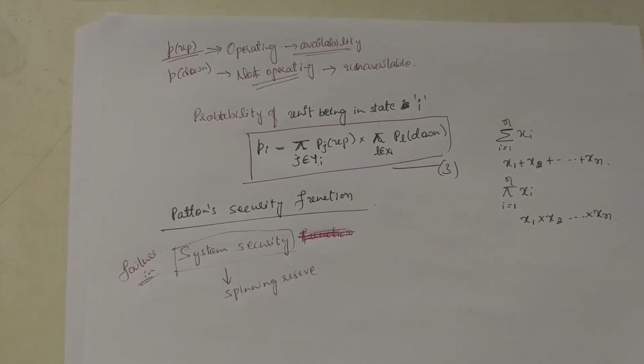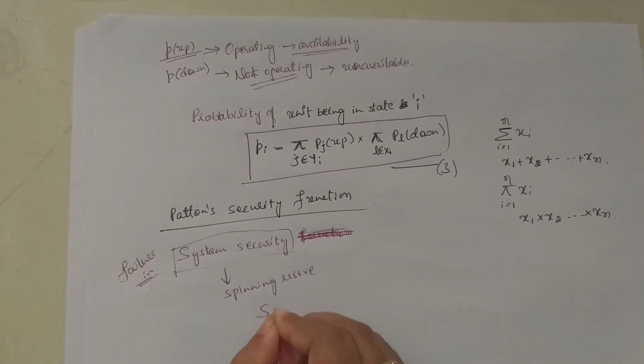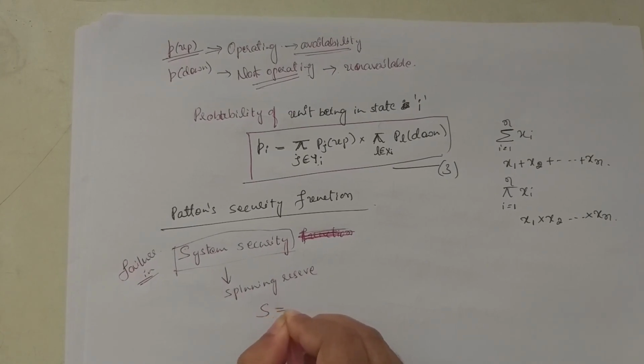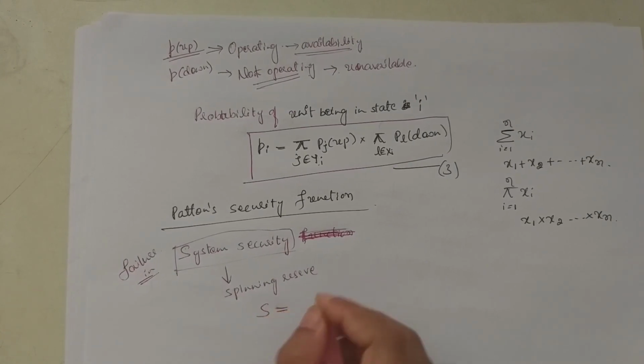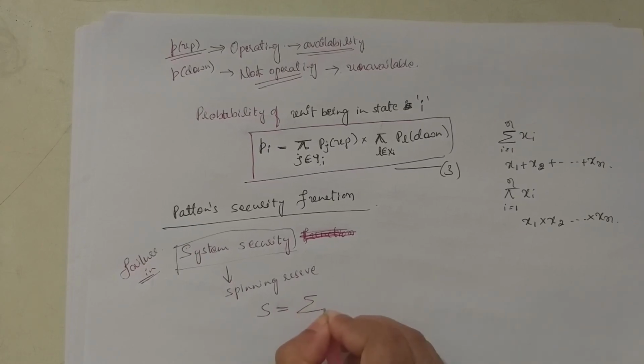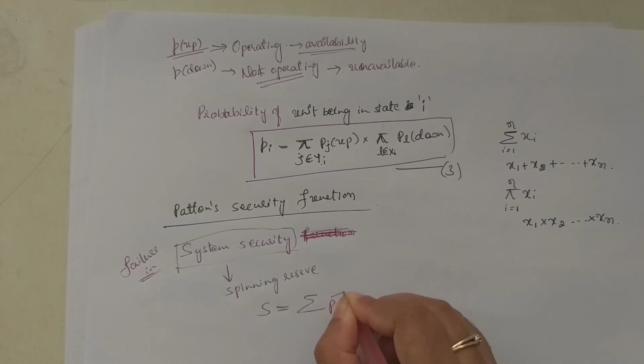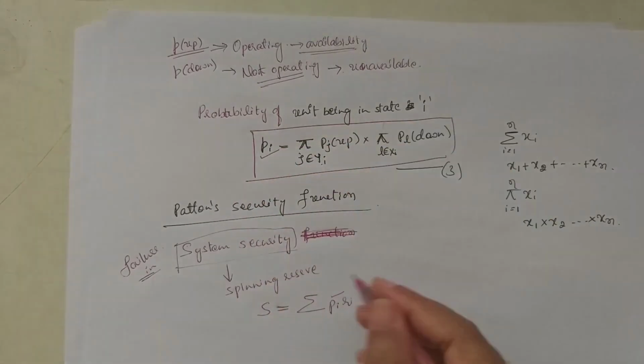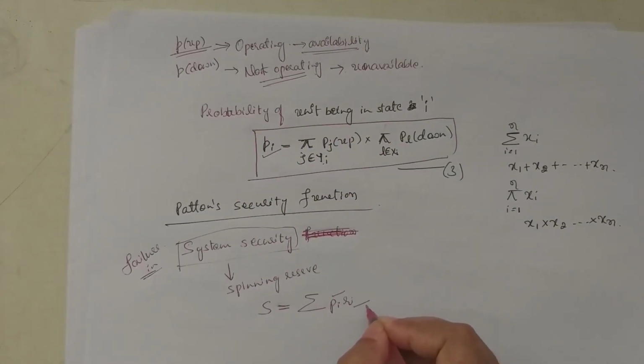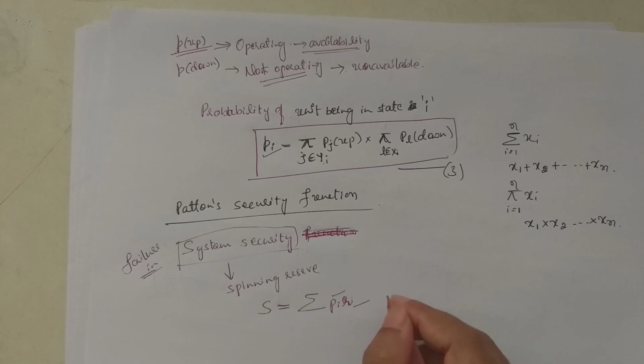Pattern security function is the quantitative estimate of the system insecurity, which is indicated by S. S is equal to summation of P i R i, where P i is probability of system being in state i, and R i is probability that system state i causes failure of the system security.